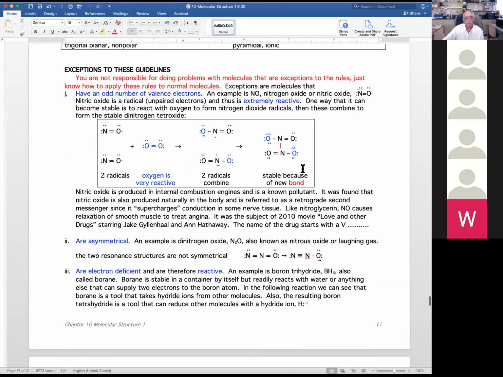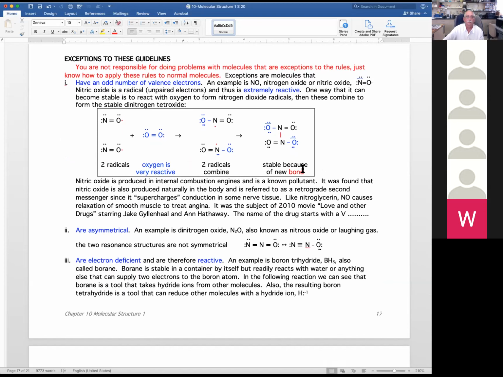So yes, we do have some exceptions. One exception is radicals, okay? So nitric oxide is a radical. It has an odd number of electrons, making it very reactive. Here is one scenario where it can react with oxygen and you get rid of the radicals.